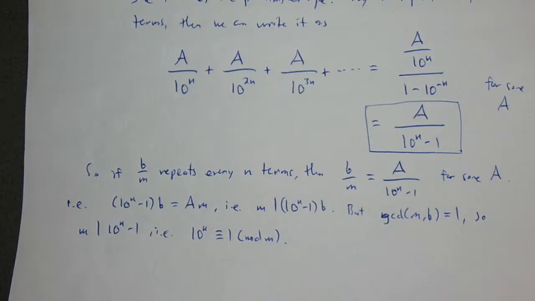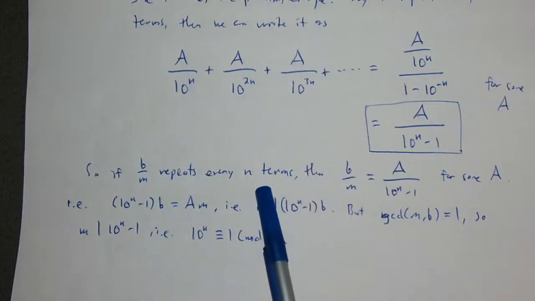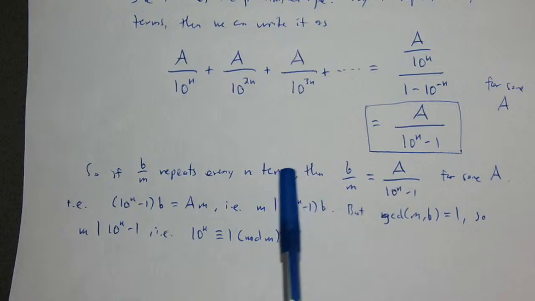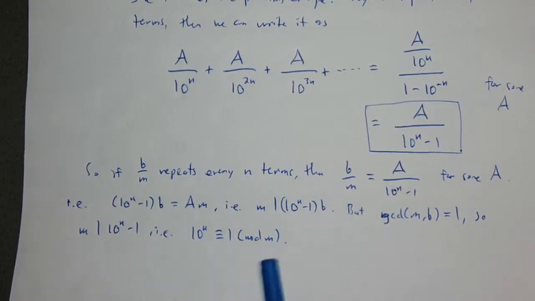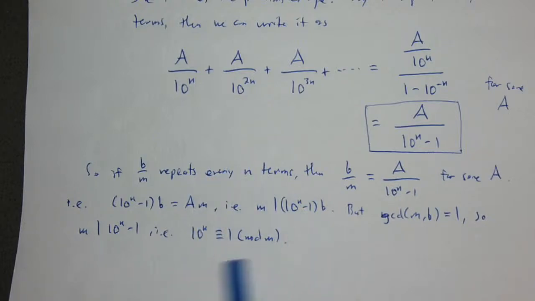So we are not quite done yet, because we've said that we have a fraction b over m that repeats every n terms, right, so that's its period length. And then we've shown that 10 to that period length is congruent to 1 mod m. So we want to show that it is the order of 10 mod m.